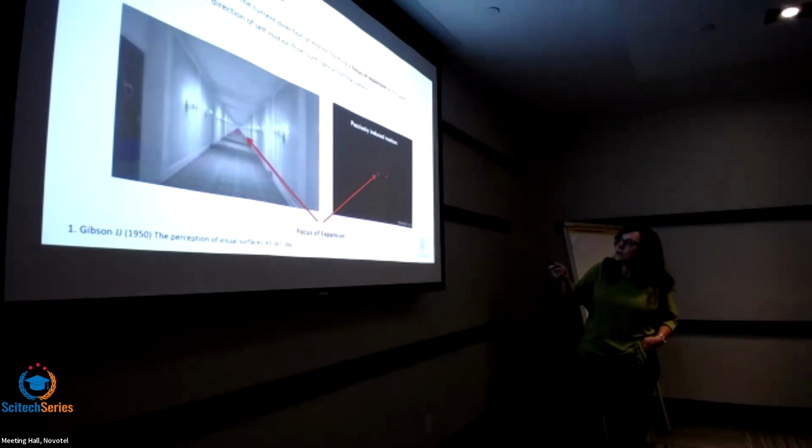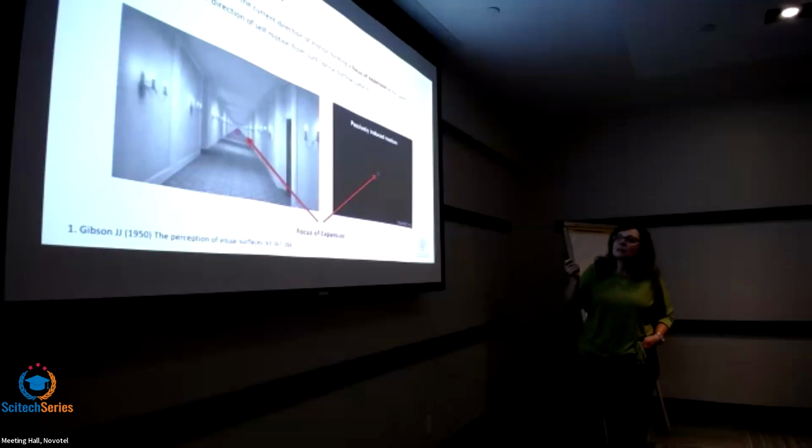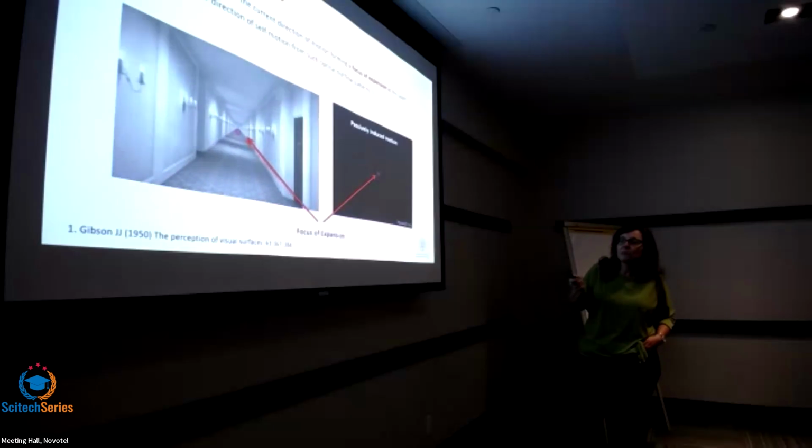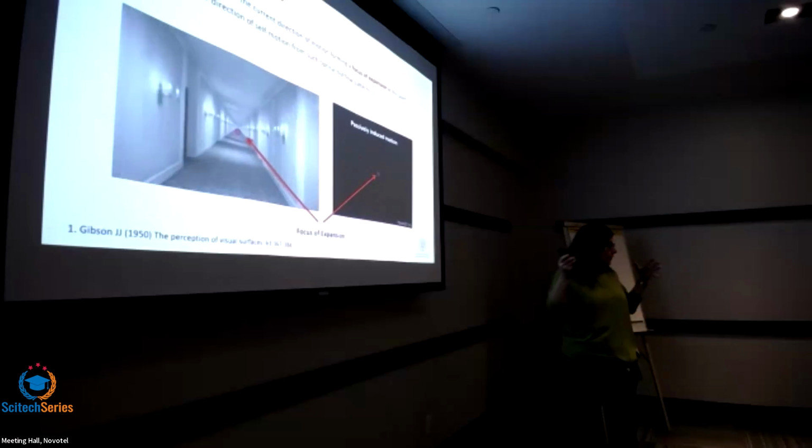So these moving dots for our neurons represent this kind of stimulus. For the neuronal cells, it doesn't really matter if we move in the environment, like in this case, or if we are standing in front of the screen where a 3D visual stimulus is projected.